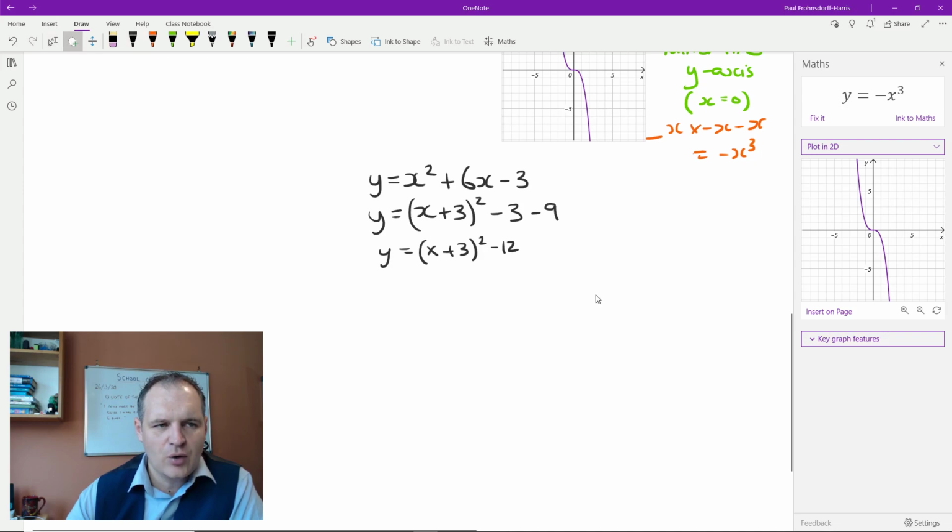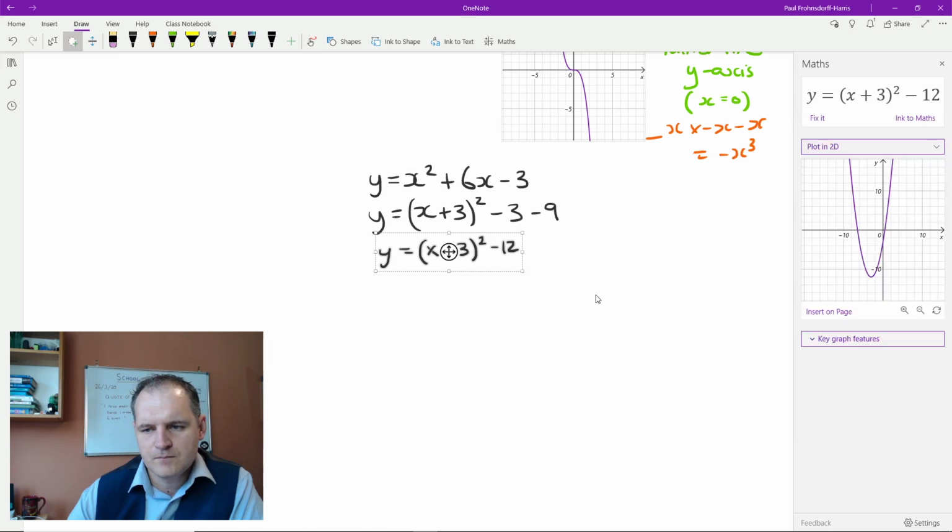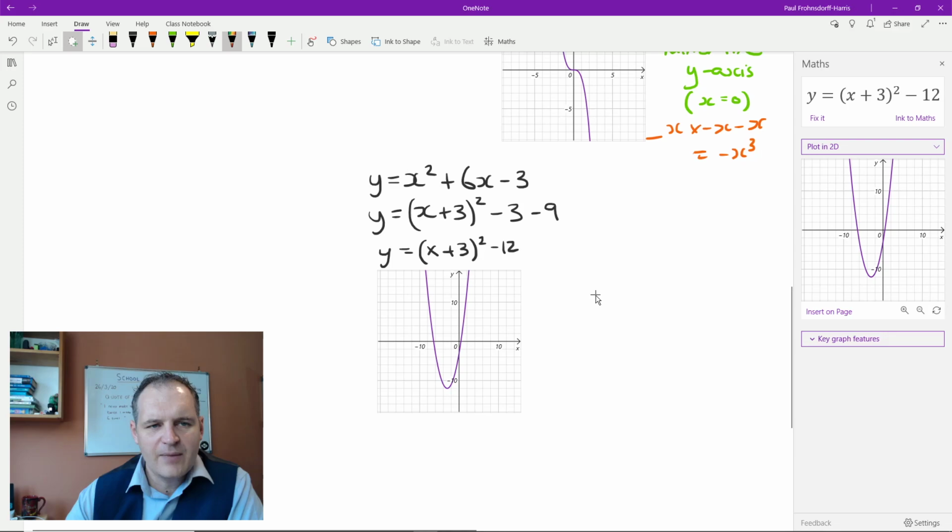Let's see what that graph looks like. And hopefully you'll see something quite cool. And this is what I'm trying to teach you.